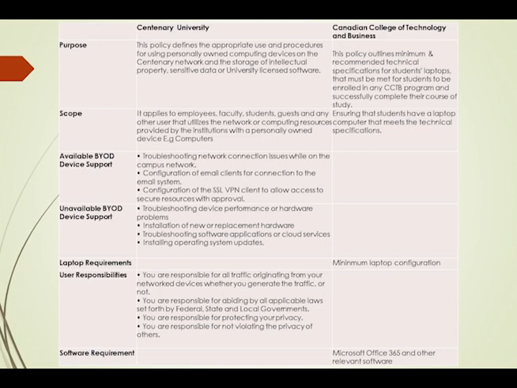Here on purpose, we can see that Centenary prioritizes in their purpose to define the appropriate use and procedure for using personally owned computing device on the Centenary network and the storage of intellectual property, sensitive data, or university licensed software. While on Canadian College of Technology and Business, this policy outlines minimum and recommended technical specification for students' laptop that must be met for students to be enrolled in the institution.